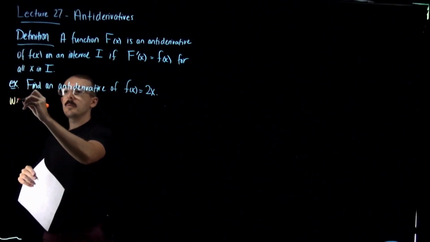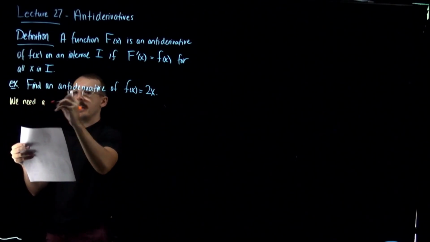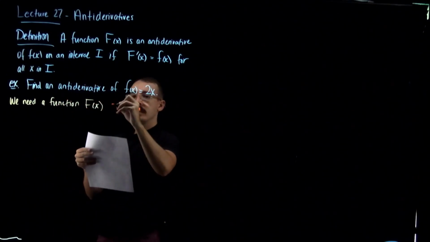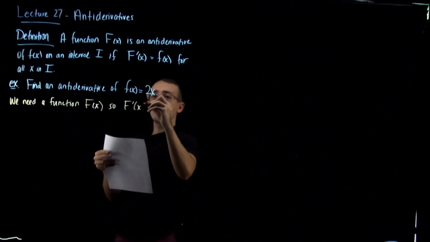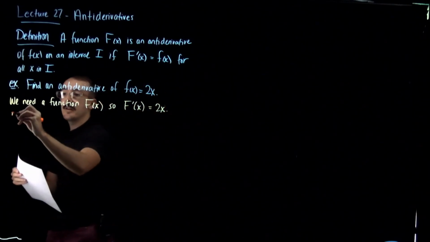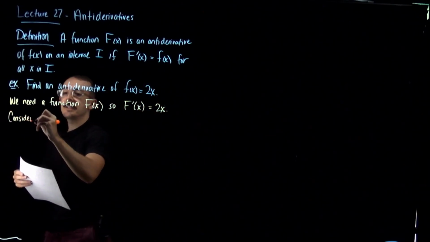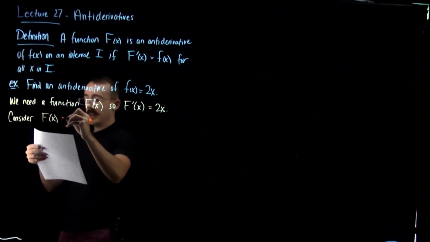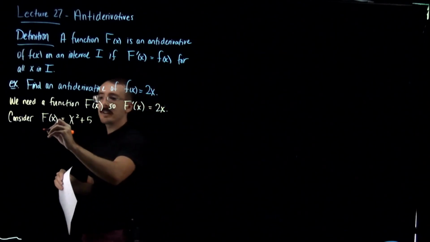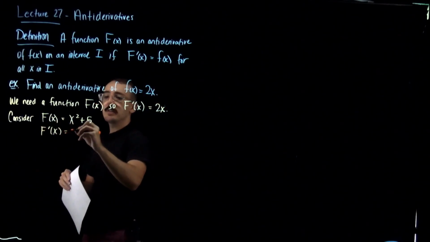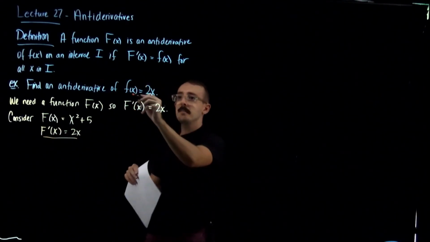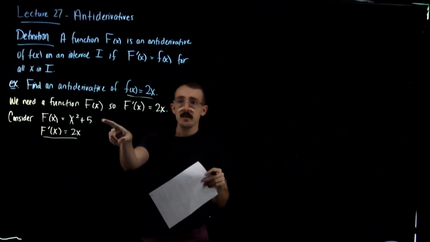Well, we need a function capital F of x, so the derivative of it with respect to x is equal to 2x. And what could I choose? Well, there's actually more than one option. Let's just consider capital F of x equal to x squared plus 5. Then what happens if you take its derivative? If you take the derivative, you get 2x plus 0. So this right here, this 2x matches our original function. So this is an antiderivative.